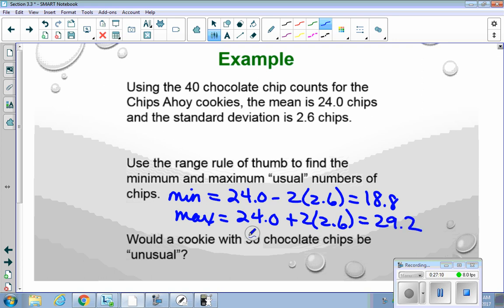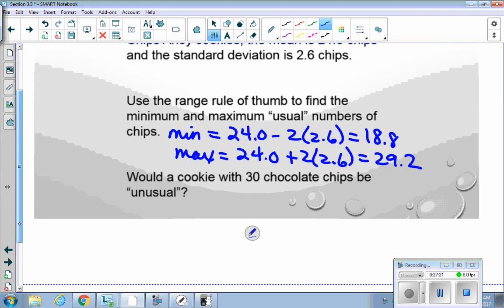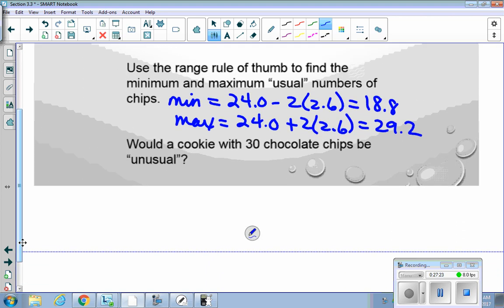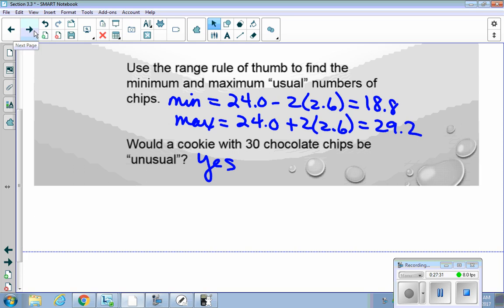So my range of usual data is from 18.8 to 29.2. So would a cookie with 30 chips be unusual? Yes. Good. So not bad, right?